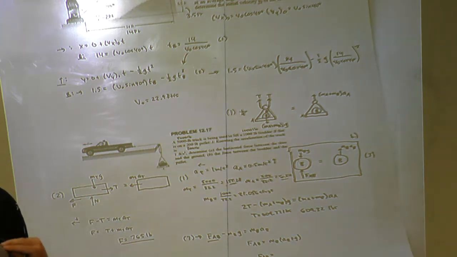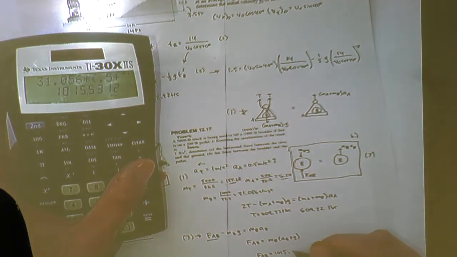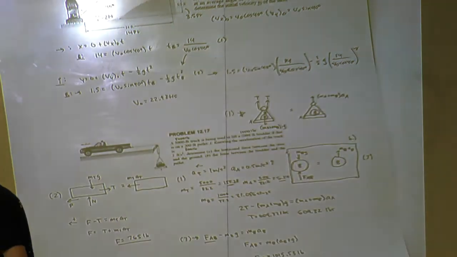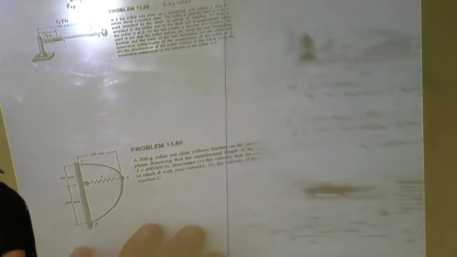So we have MB, 31.056, times AB, which is 0.5, plus 32.2. Yes, 1,015.53 pounds. All right.